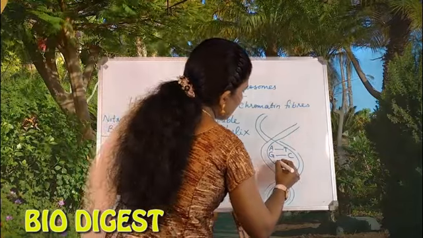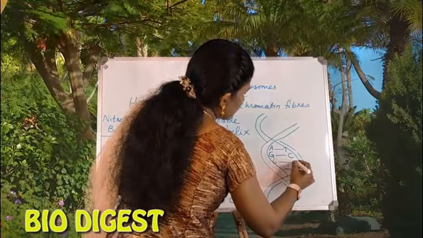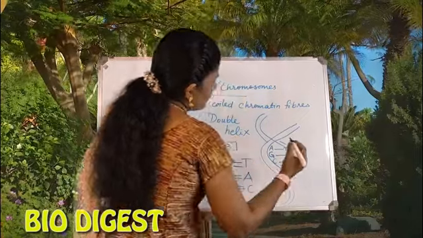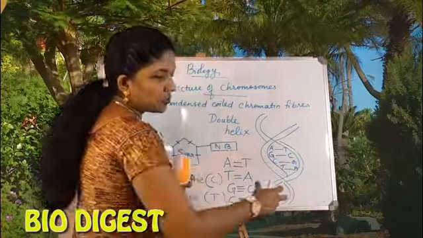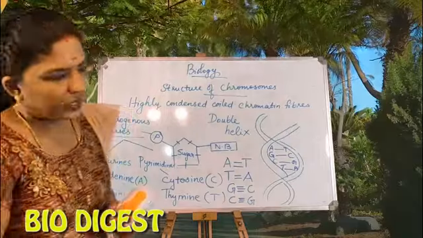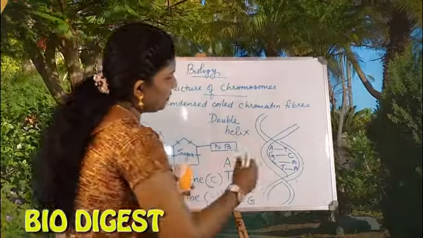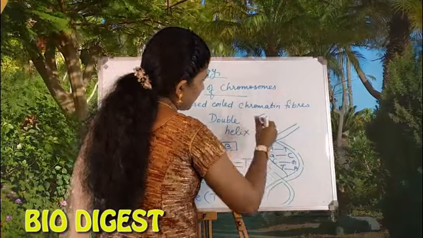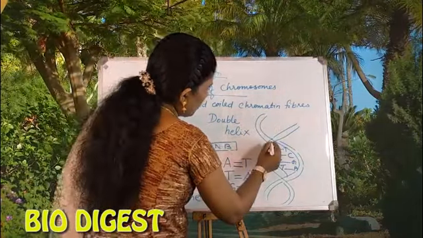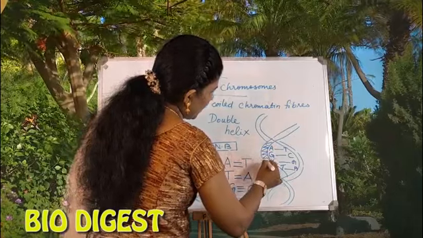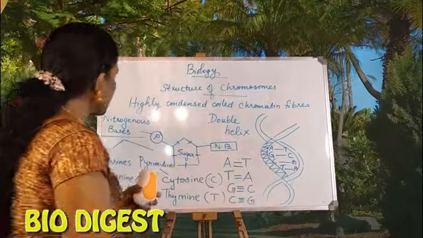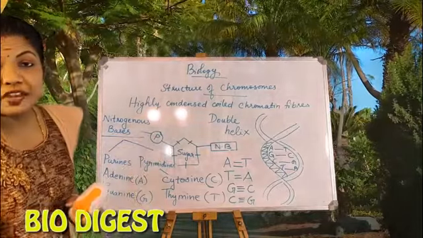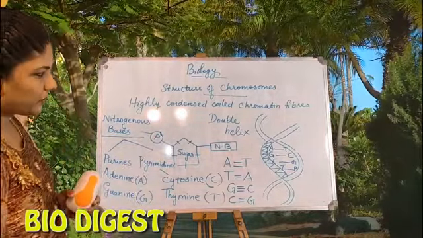So like this bonding will be taking place, which actually gives a sort of code. A coded message will be formed. Now what will be in this particular region? What I am shading in this region consists of the pentose sugar and the phosphate group, that is the backbone.